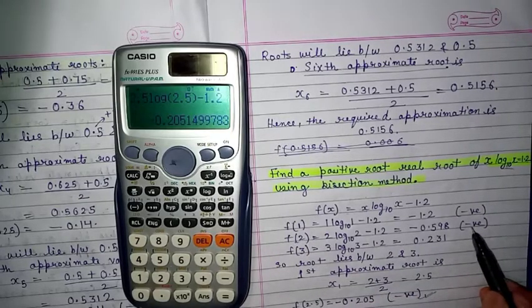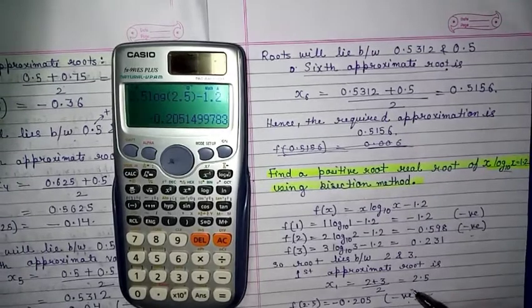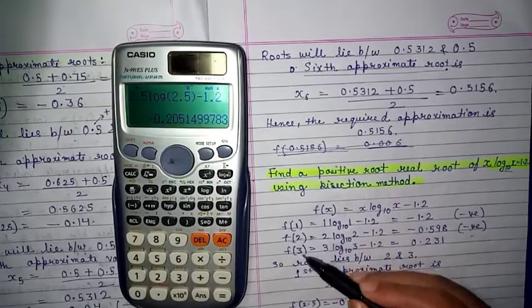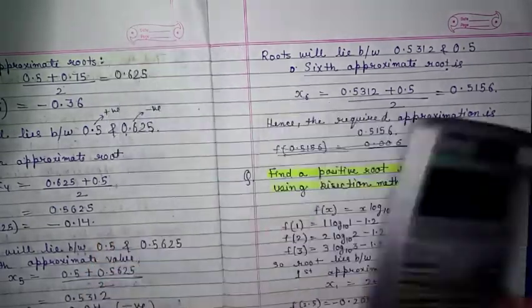At 2 it is also negative, so the root will not lie between 2 and 2.5, because both are giving negative values. It will lie between 2.5 and 3, as at 3 it is positive and at 2.5 it is negative.